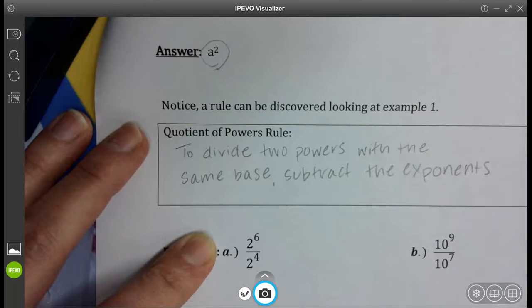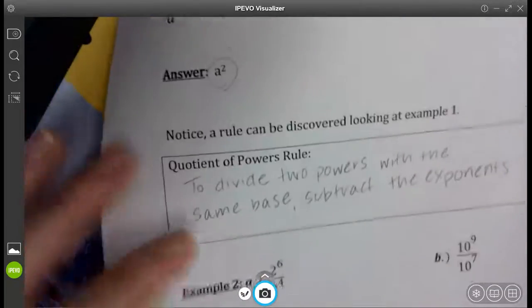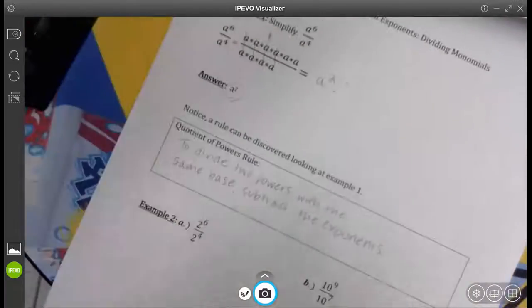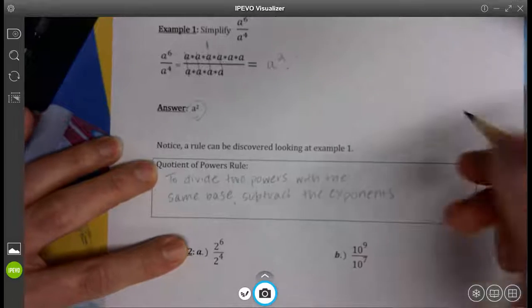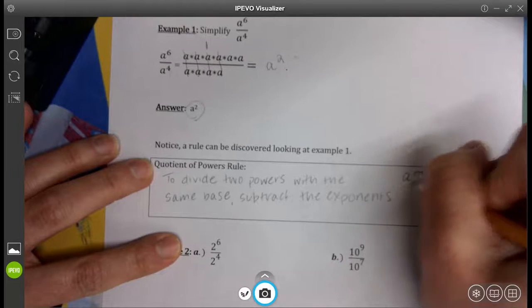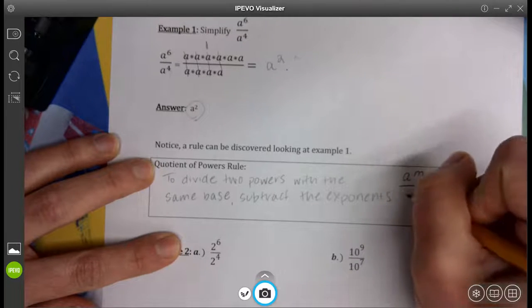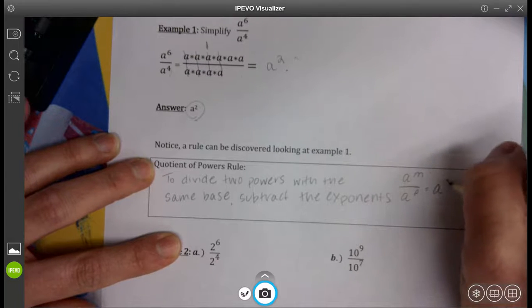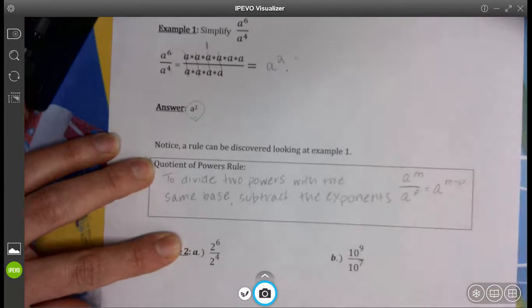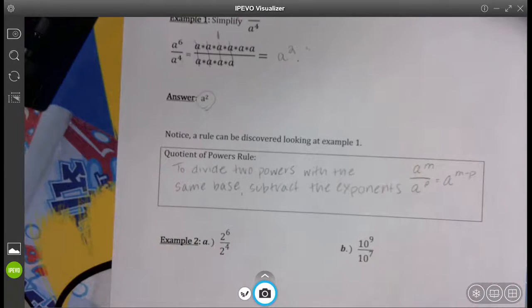So for example, if we had a to the m over a to the p, that would be equal to a to the m minus p. You just subtract your exponents, okay?